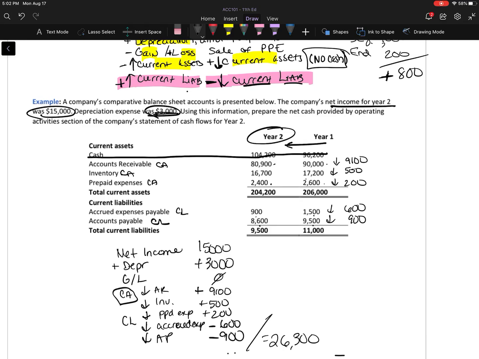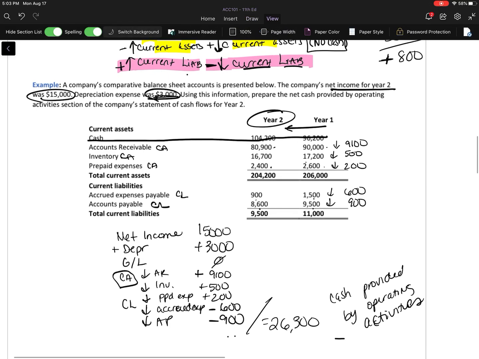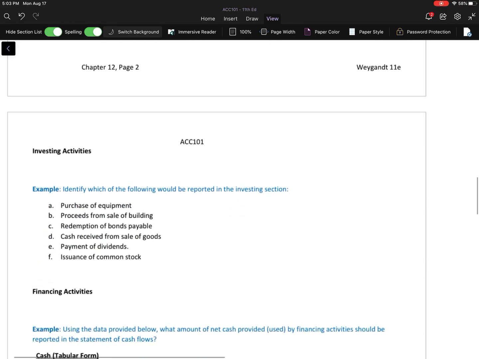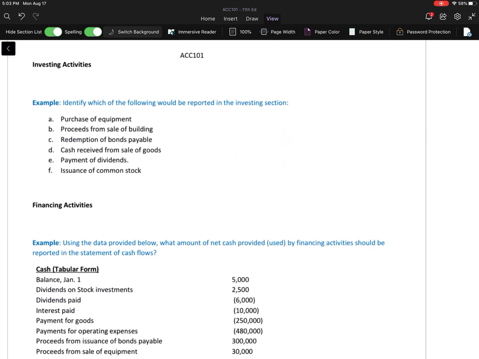So liabilities go with the flow. When I add up all these changes, I should get $26,300. It is a positive number, so this is cash provided by operating activities. If it was a negative number, it would be cash used by operating activities.